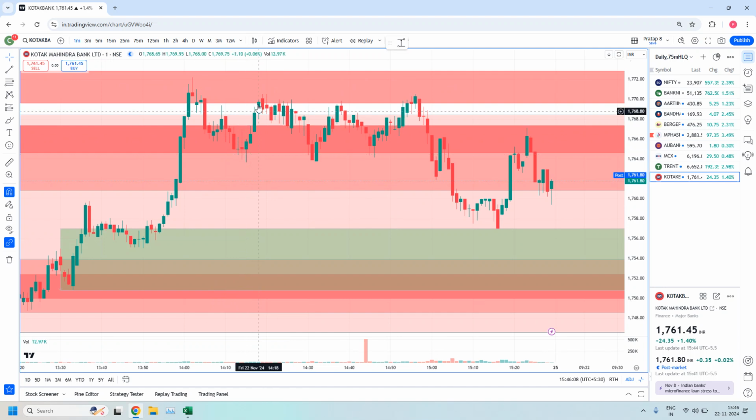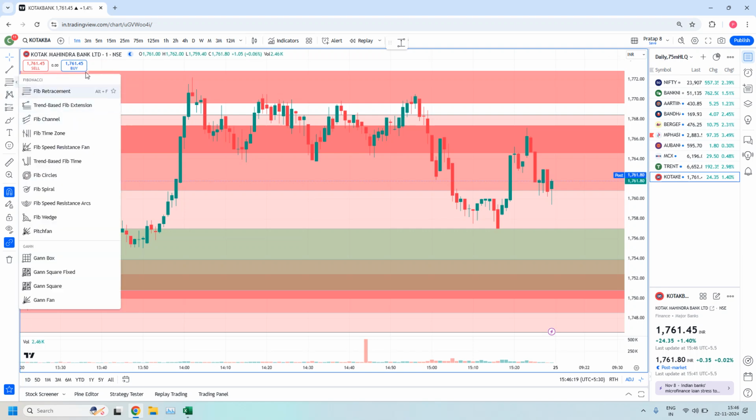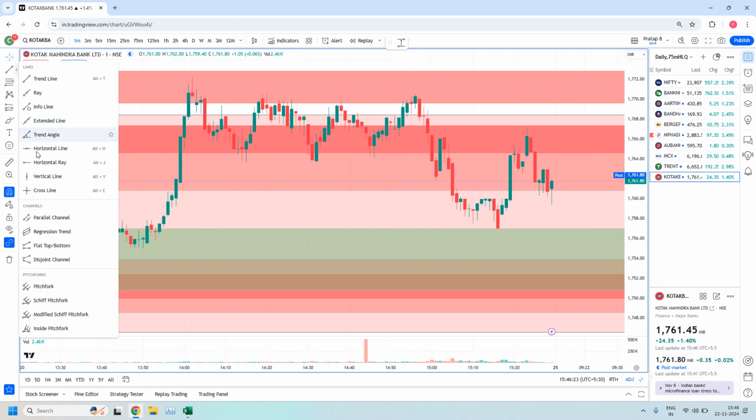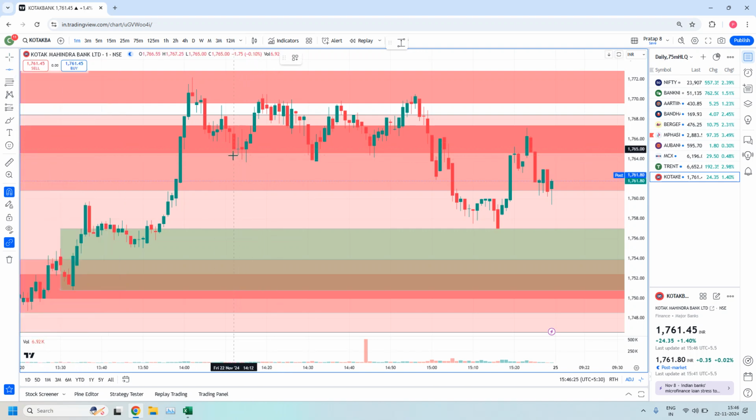Prices were coming, going up, again coming down, going up, coming down, going up. I'm sure some of you know what you would have done. Somewhere here, you should have drawn a support line, something like this, because in this area, prices were moving most of the time.